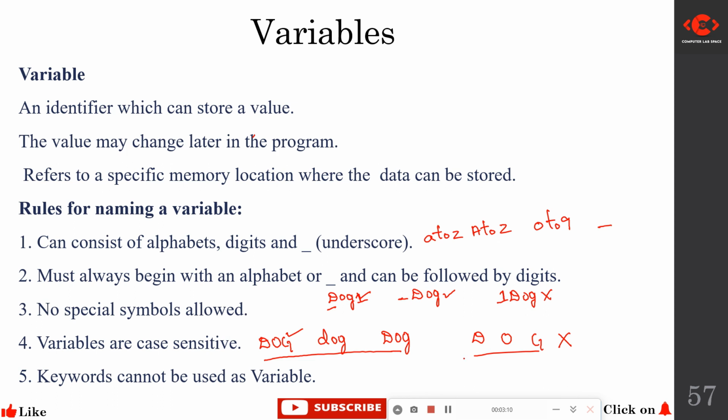And since, as I already explained, the variables are case sensitive, we need to be aware of how we have declared a variable in the program. And the length of the variable name is limited, it can take only a max of 31 characters. Okay. So these are the rules we need to maintain while naming a variable.